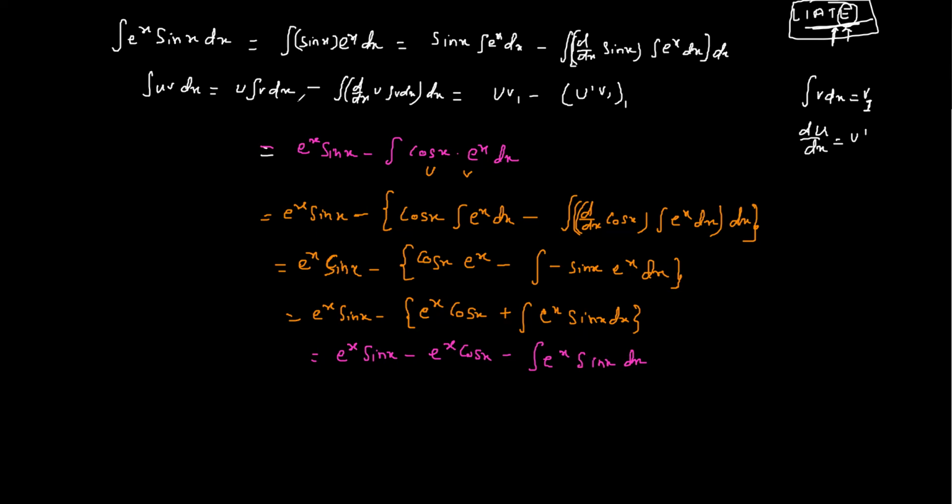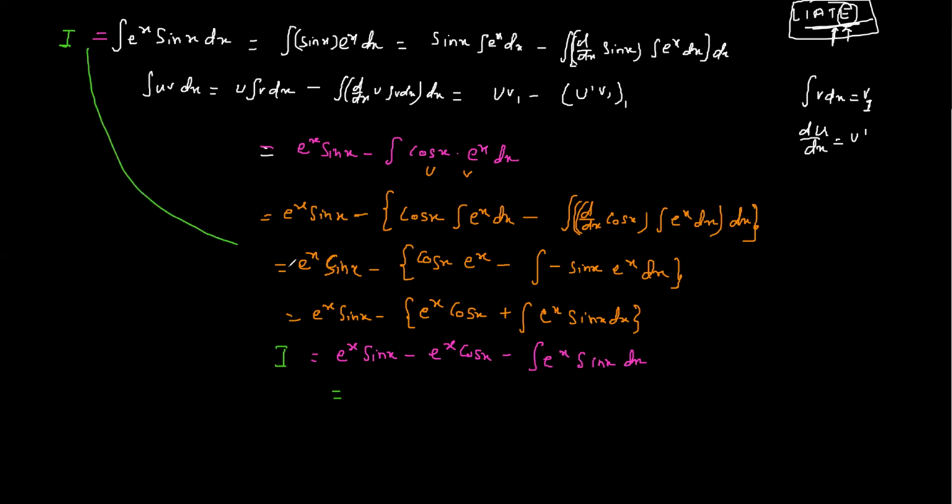You are finding integration of what? This is the integration of e^x sin x. So we have produced the same function again, right? Let's suppose this is I. So the value of I is what? Integration of e^x sin x, and this is also integration of e^x sin x. This is I actually.